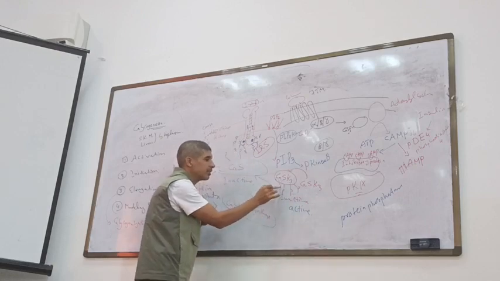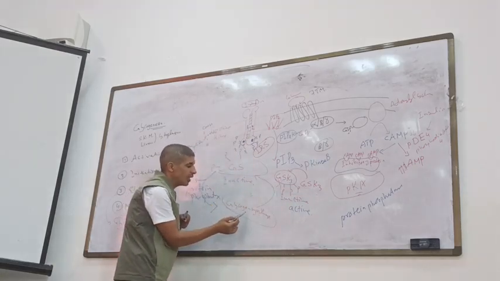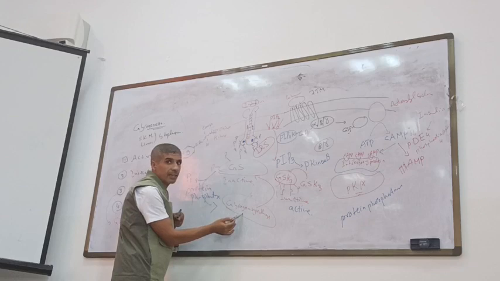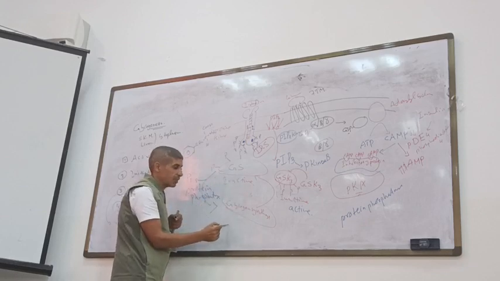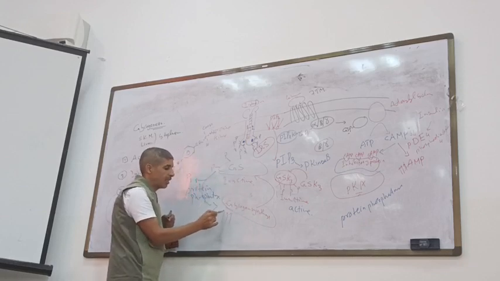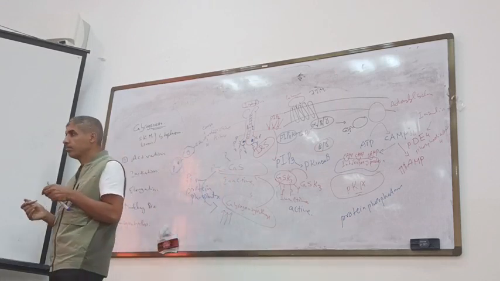Inactive, it cannot phosphorylate glycogen synthase to the phosphorylated form, so glycogen synthase becomes active.